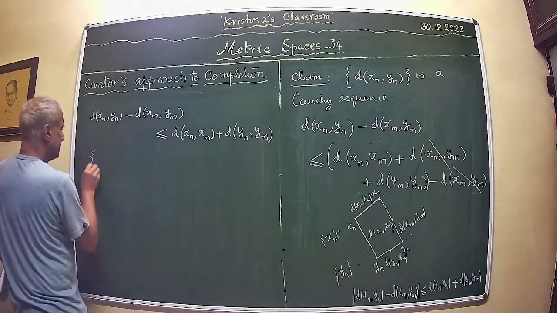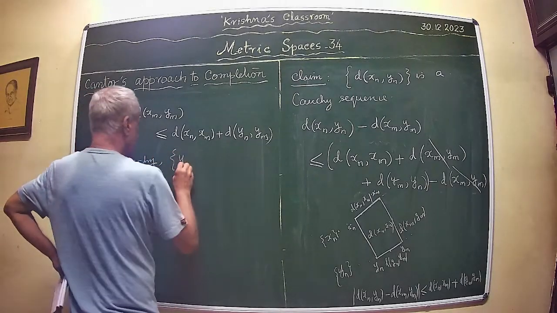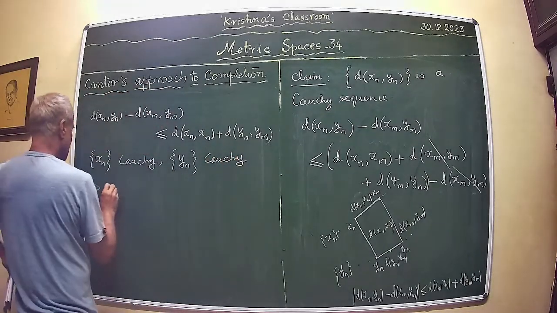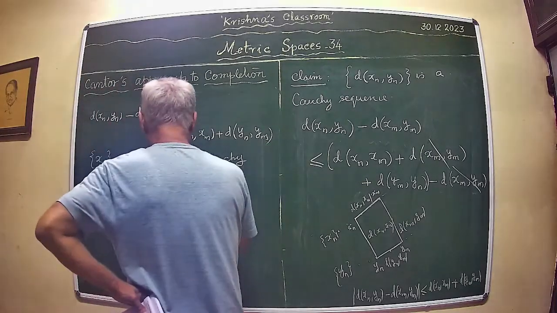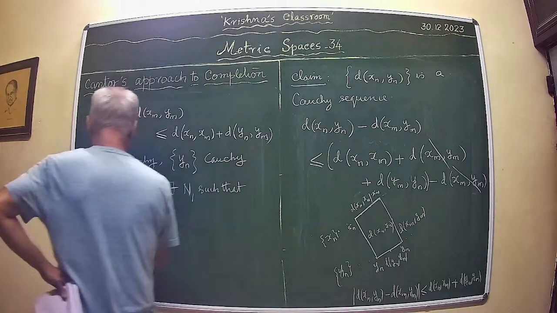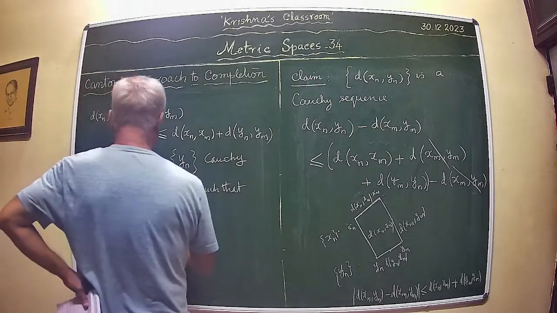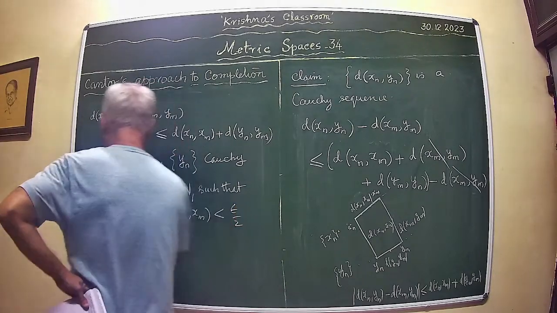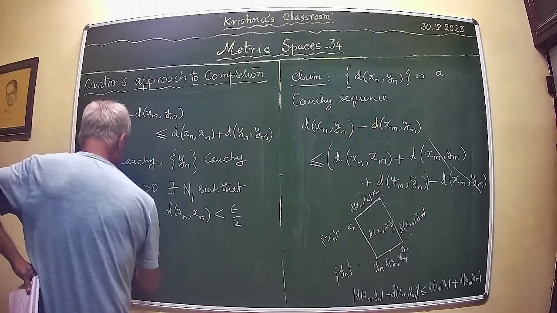Now xn Cauchy implies, given epsilon positive, there exists n1 such that for every n, m greater than n1, d(xn, xm) is small, and there exists n2 such that the same holds for yn.